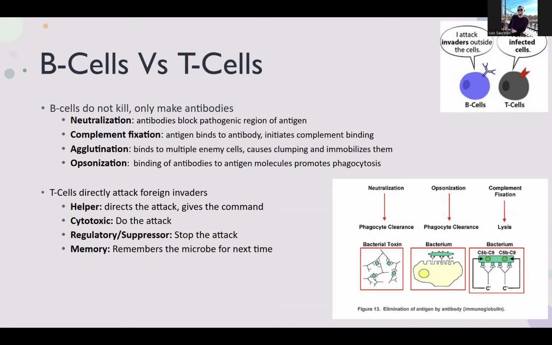The helper T cell then recruits all the cytotoxic T cells and lets them know this is the pathogen we're looking for. Start scouring the body to look for it. The cytotoxic T cells will then go through the body. They'll start screening just like the NK cells do. And if they find that microbe, they'll just destroy it.